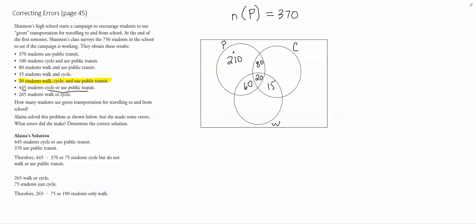I subtract 210, subtract 80, subtract 20, and subtract 60. And that leaves me with 75 students that cycle only.